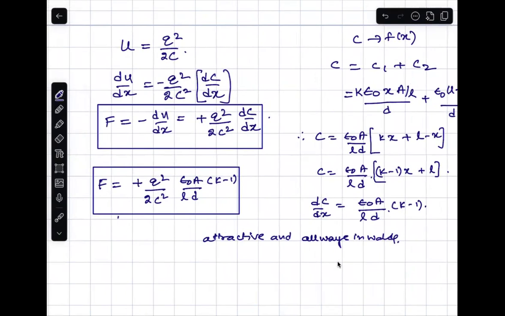And one more important point, F is not constant. Always it will experience inward force. That is the reason why even if you just leave it into the groove, the dielectric moves with an acceleration into the capacitor.